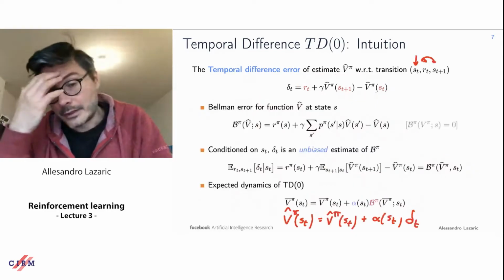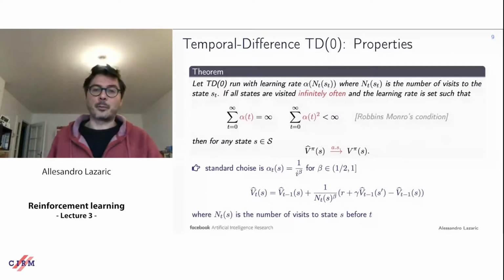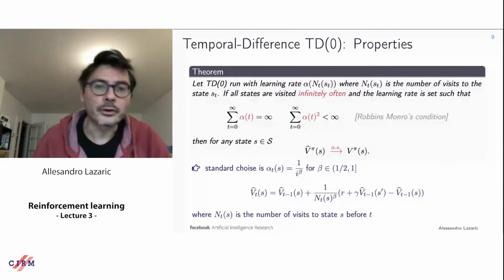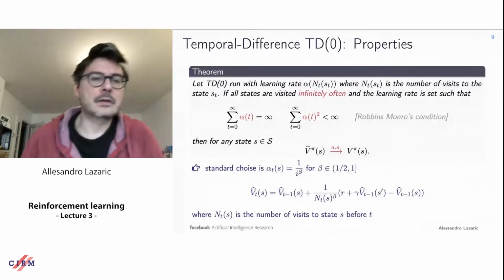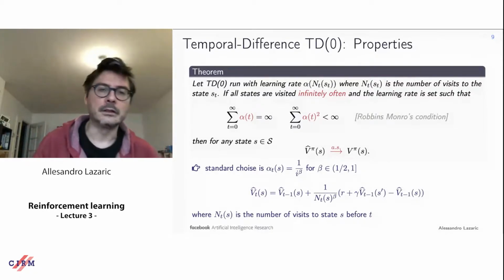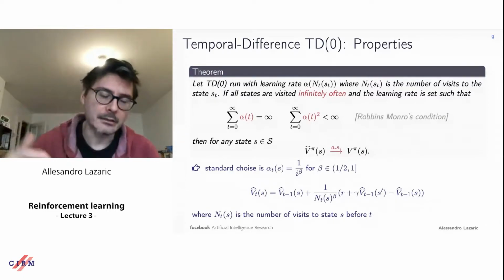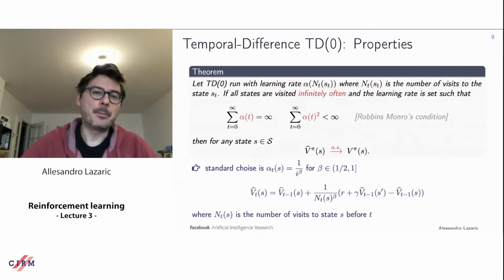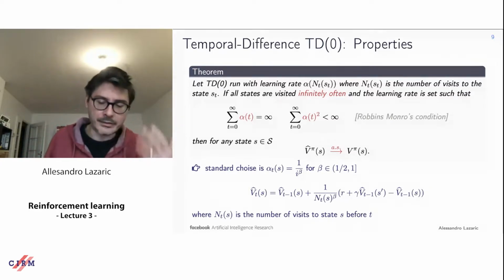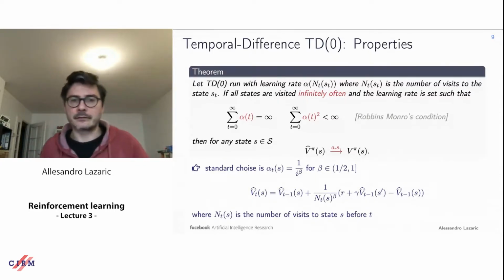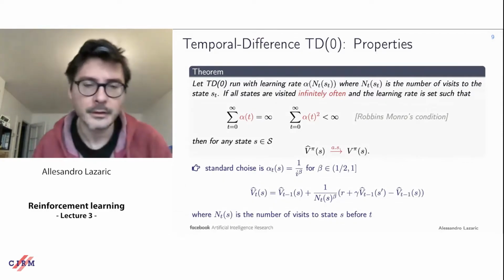And the reason why it's not that crazy is also supported by an important theory behind it, which says the following. So let's read a little bit through this statement. It says that if I run the temporal difference algorithm with learning rates that decay in a proper way, depending on each state, how many times I observe that state, I will clarify this in a second.